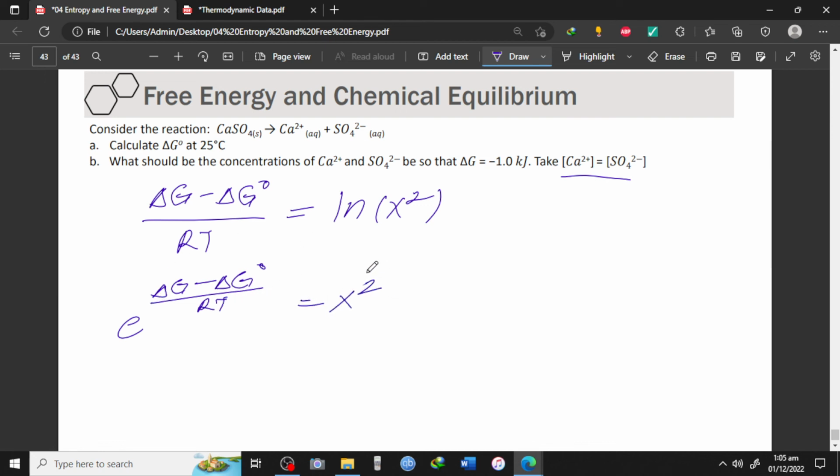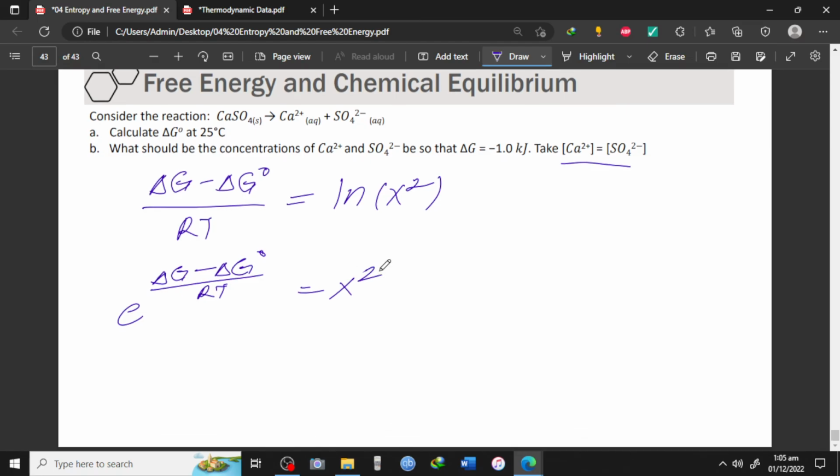Tapos tanggalin natin itong exponent na to. Pag tinanggal mo to, makakancel lang yan and then magkakaroon lang to ng square root. So, ito yung final nating equation para mahanap natin yung concentration ni calcium and ni sulfate.